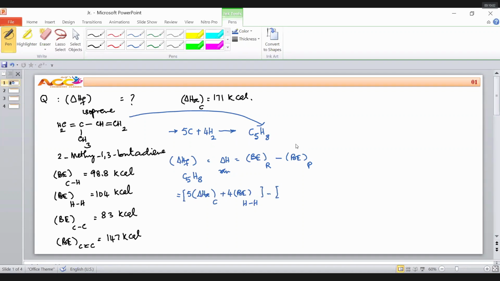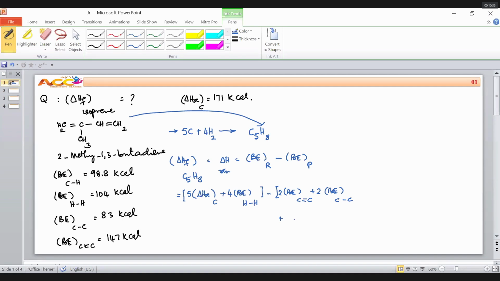What is the meaning of bond energy of products? Come here. First of all, let us talk about the double bond. Bond energy of C double bond C: here we have C double bond C, here we have C double bond C, so 2 times. Plus, one by one, bond energy of C single bond C: 1 time, 2 times, therefore 2 times.